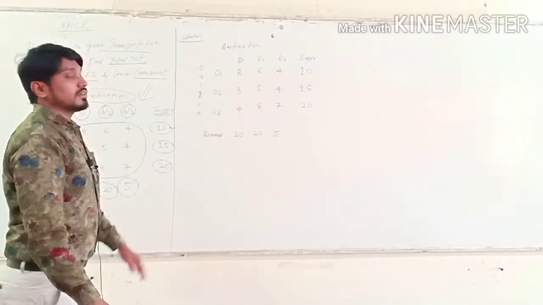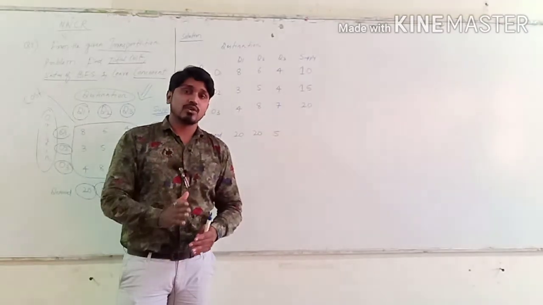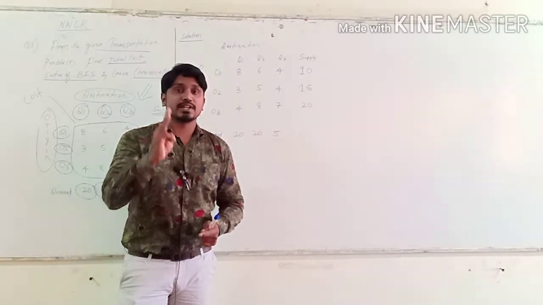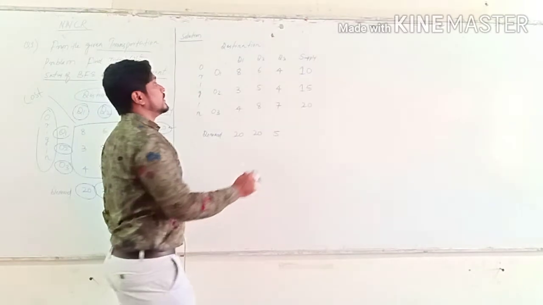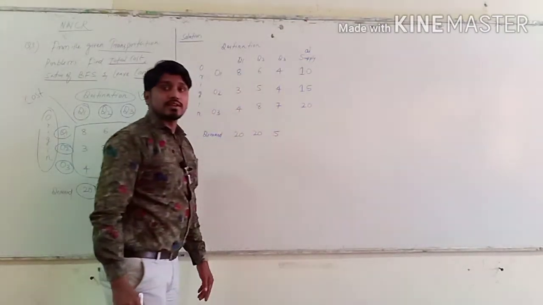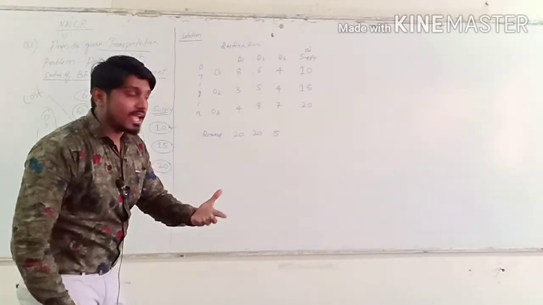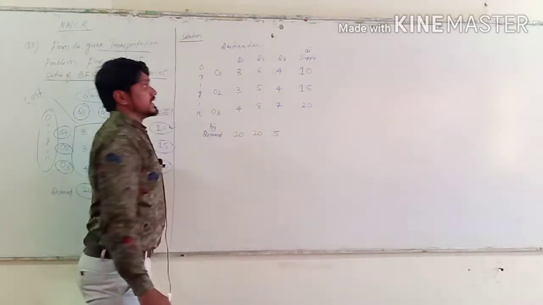Now, there are general steps before the northwest corner rule's original steps. Three general steps are there. Which are those three general steps? Number one, let supply be AI and let demand be BJ.